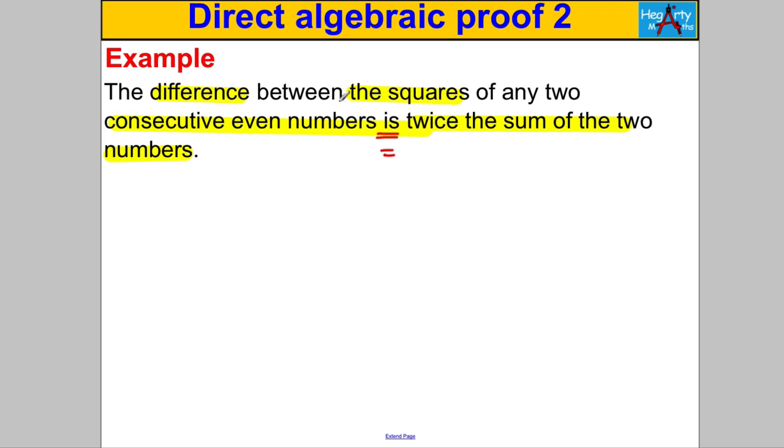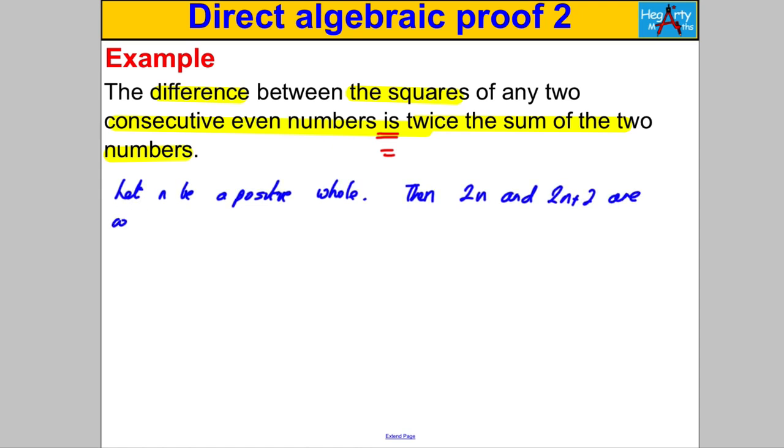So let's do that. The difference between the squares of any two consecutive even numbers. So as always, let n be a positive whole number. Then our two consecutive evens, we could say then 2n and 2n add 2 are consecutive evens.